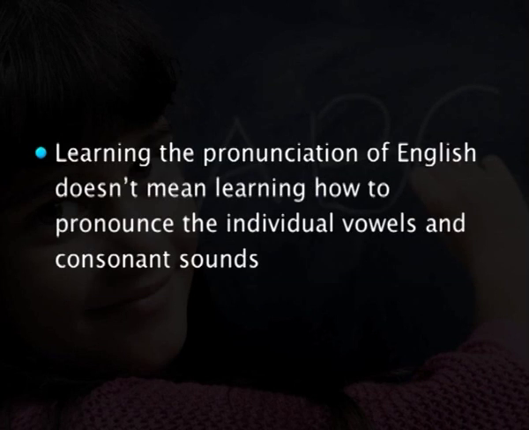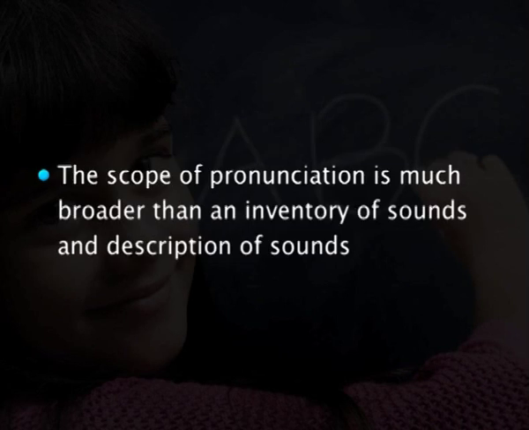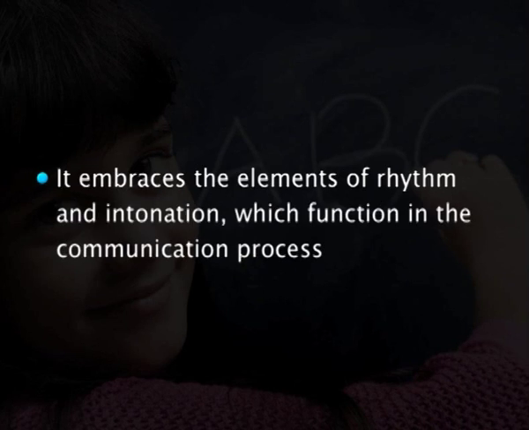Learning the pronunciation of English doesn't mean learning how to pronounce the individual vowels and consonant sounds. The scope of pronunciation is much broader than an inventory of sounds and the description of sounds. It embraces the elements of rhythm and intonation which function in the communication process.